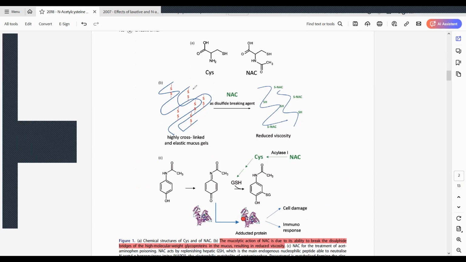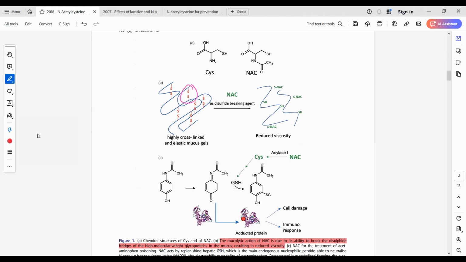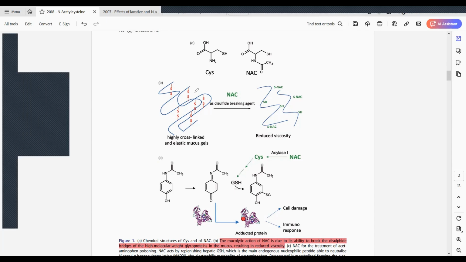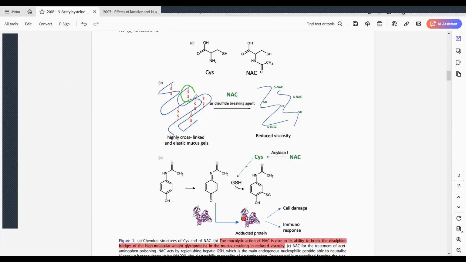If you see these S's here, they are the sulfide bonds, and they're disulfide because it's an S connecting to an S. Not that that really matters to anyone other than organic chemistry nerds, but these are the bonds that, when these S's bind, you see this is highly cross-linked versus this is not as highly cross-linked.